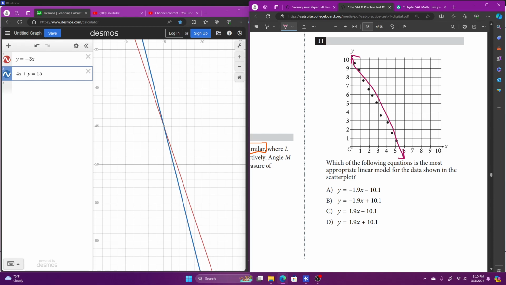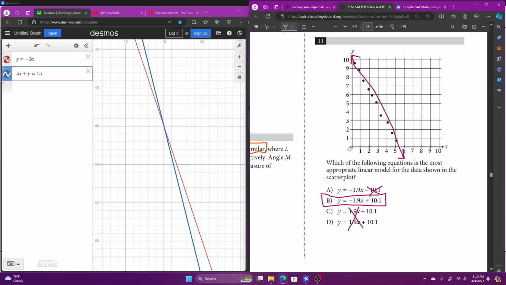So right away, C and D do not have a negative slope. Answer choice A has a y-intercept of negative 10. So the answer is B, where we have a y-intercept of positive 10 and a negative slope.